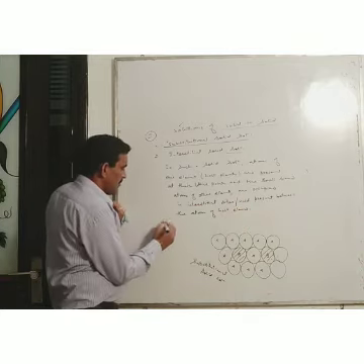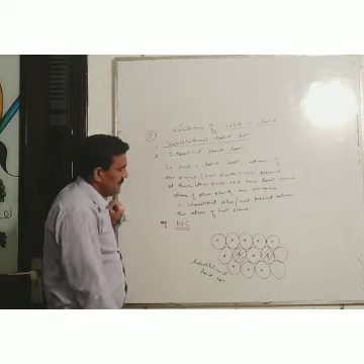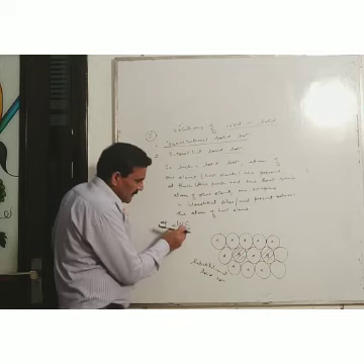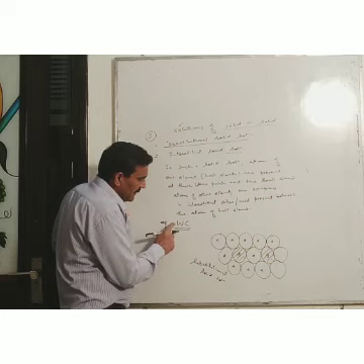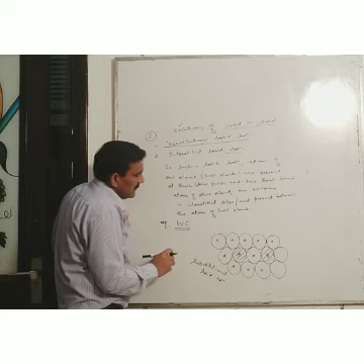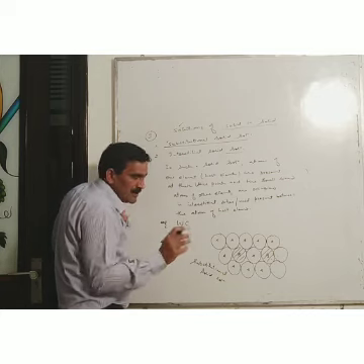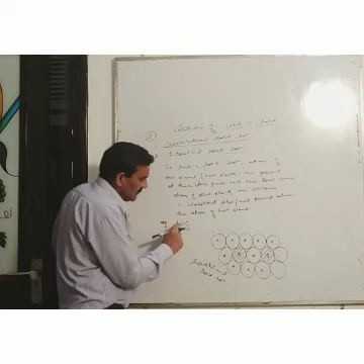For example, tungsten carbide. In tungsten carbide, tungsten atoms which are larger in size are arranged in regular manner, but carbon atoms which are very small in size are occupied in interstitial sites of tungsten.